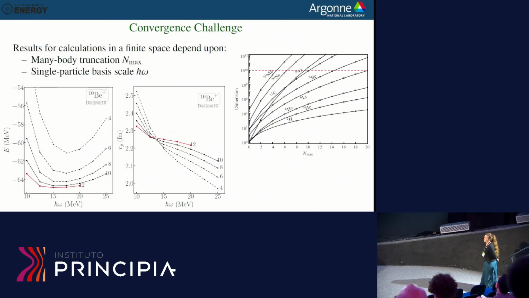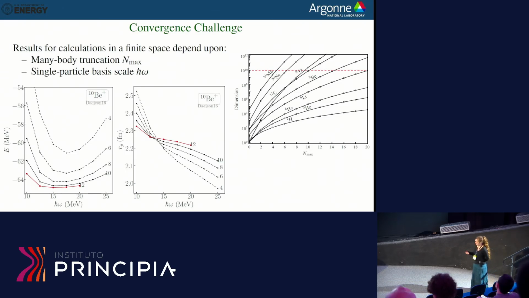What we do is look for what we call convergence. What's shown here is the binding energy of beryllium-10 plotted versus h bar omega. H bar omega is a basis parameter, a length scale associated with the harmonic oscillator. If I have gone to high enough N max, then my results will stop changing as I increase the size of my basis, that is, as I increase the value of N max.